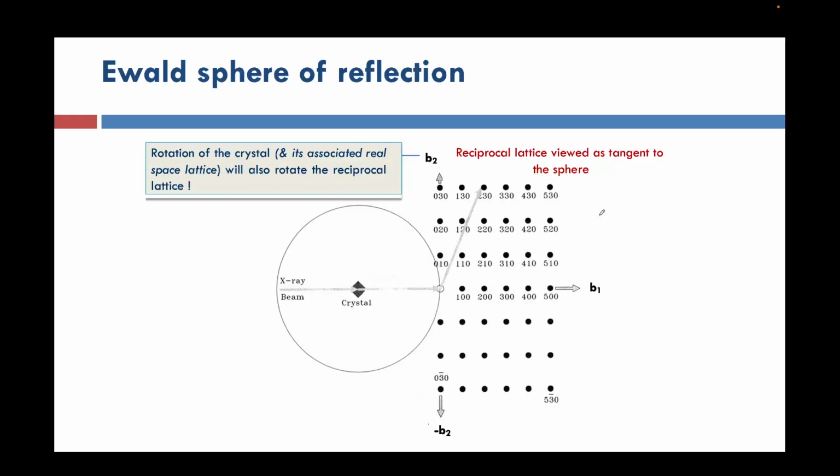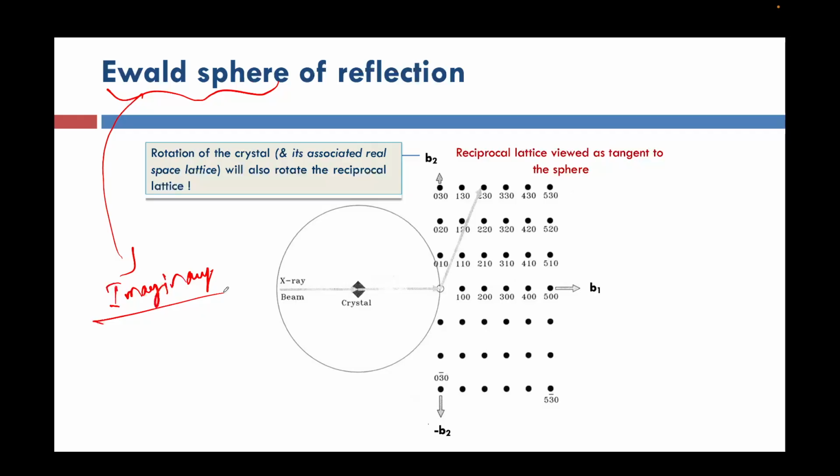Now, after proposing all these things, he proposed another theory that is called Ewald's sphere of reflection. So what is Ewald's sphere? Remember, the whole concept of Ewald's sphere is imaginary. It is not a real sphere, it is an imaginary sphere which he has visualized.